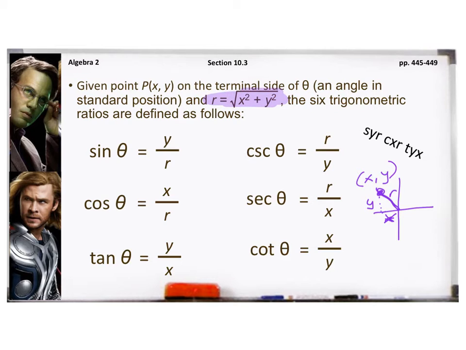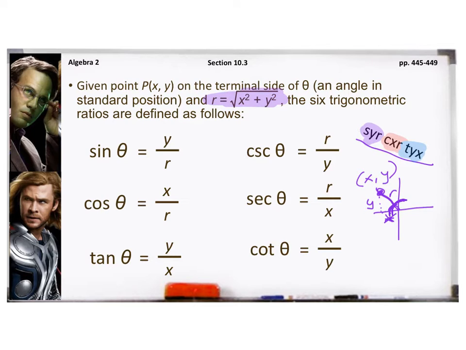Now, this is our SOHCAHTOA, only when you have a point, we call it circumference. That's what you see right here. My sine is y over r, my cosine is x over r, and my tangent is y over x. Basically what we're doing is finding this angle right here.